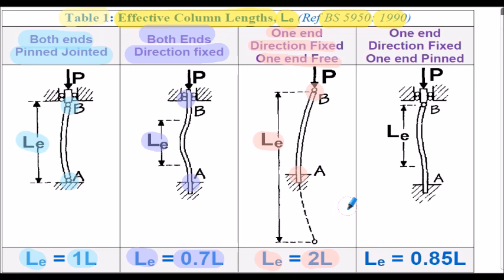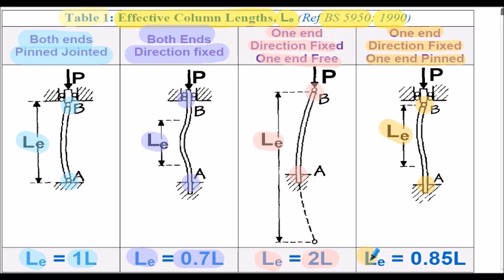be 4 meters. And the final configuration we're given in the standard is when one end is direction fixed and one end is pinned. In this scenario, end A is completely fixed, in other words, no translation or rotation, but end B is fixed in translation, but we can have rotation.